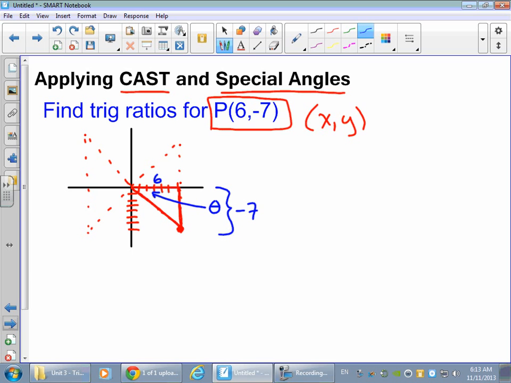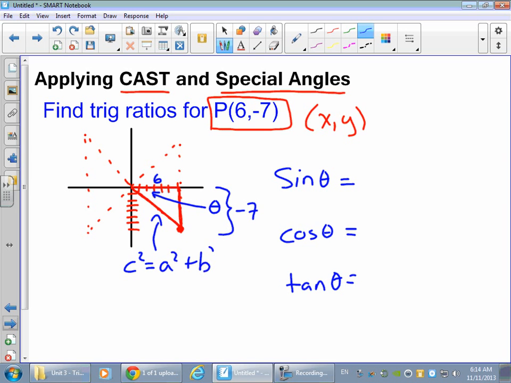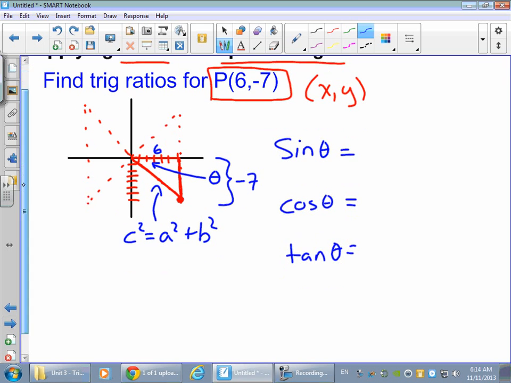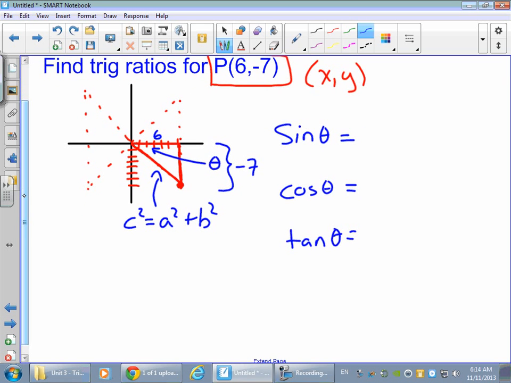So to find the trig ratios, of course, I need to know what sine. I'm looking to find sine, I'm looking to find cos, and I'm looking to find tan, which means I need my opposite and hypotenuse and adjacent in each case. And so I don't yet have my hypotenuse, but same as we just sort of suggested with the basic ratios, or the special angles, I should say, to find this missing hypotenuse, we can do the same thing here.